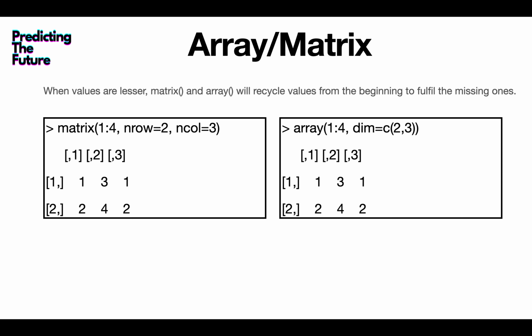For example, on the left side, we are trying to create a matrix of two rows, three columns. So we need 6 elements, but we only give 4 elements: 1, 2, 3, 4. So it will reuse 1, 2, 3, 4, and that becomes 1, 2, 3, 4, 1, 2. So that's reusing elements. Matrix and array functions are both the same: if the elements you give are fewer than the dimension requires, they will be reused.